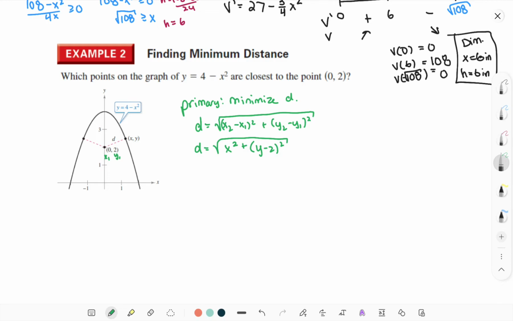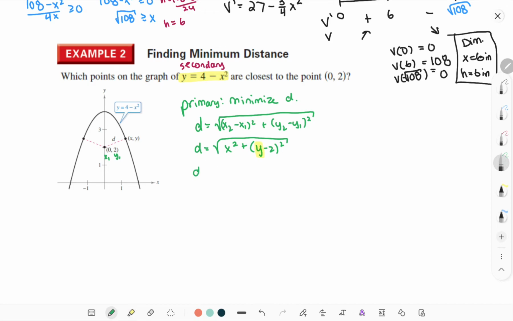Right now, I have a problem. Don't really want to do implicit. I don't need that x and that y. So what else do I know? Well, I know an equation already. So here, my secondary equation was already given to me. How nice is that? So I'm going to go ahead and plug it in because this is equal to y.